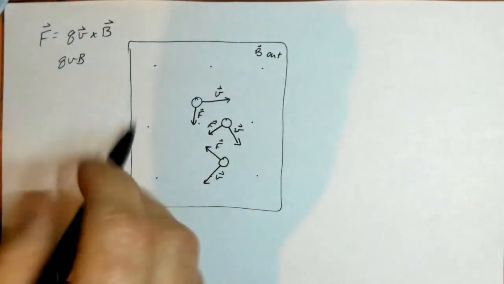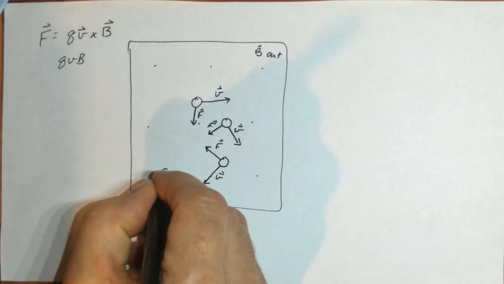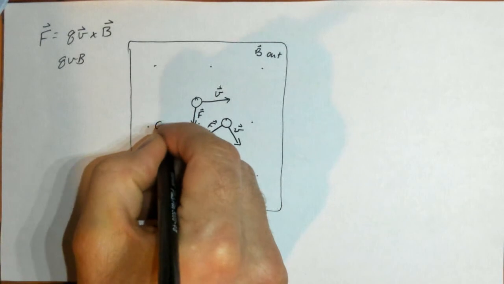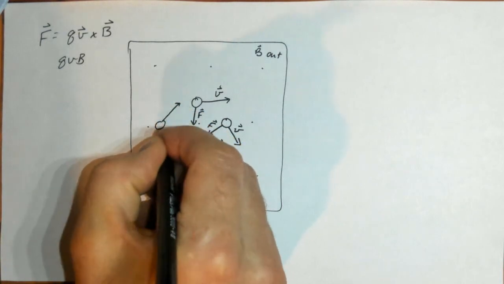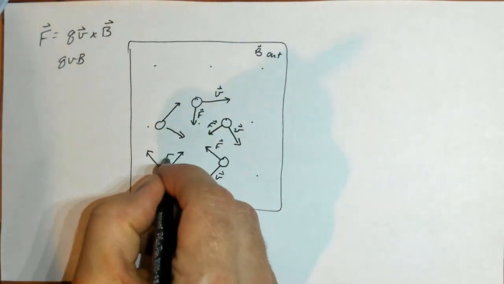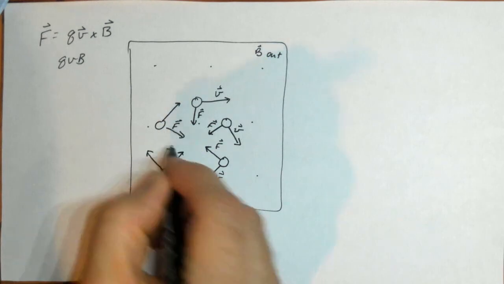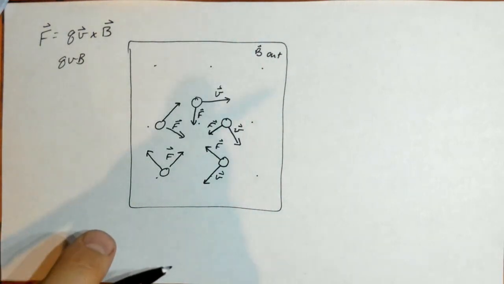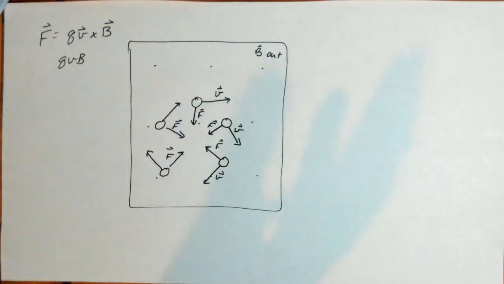Now, you could keep doing this, and you'll find that all the forces point inward. Well, guess what? That's circular motion. And in fact, that is a characteristic type of motion of a charged particle in a magnetic field, is they swirl around the magnetic field.